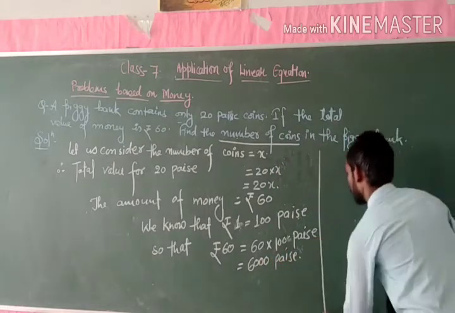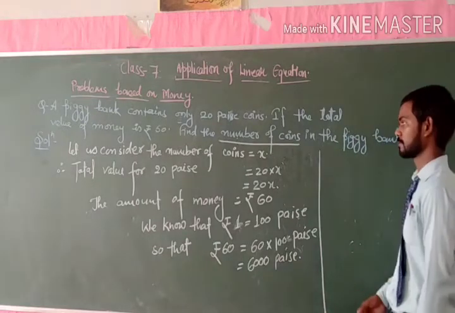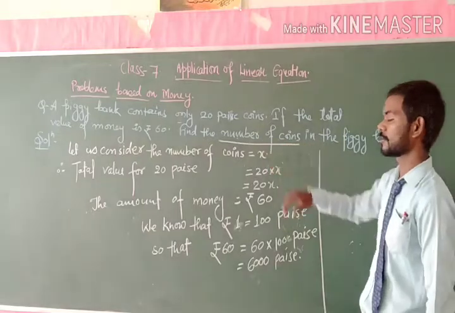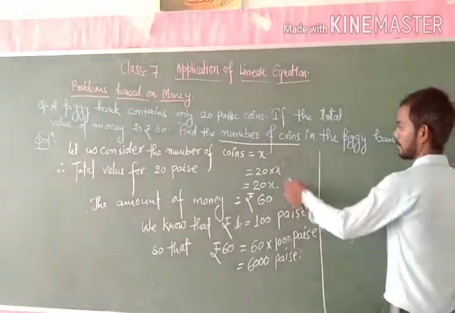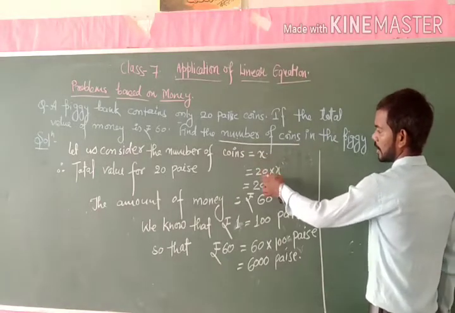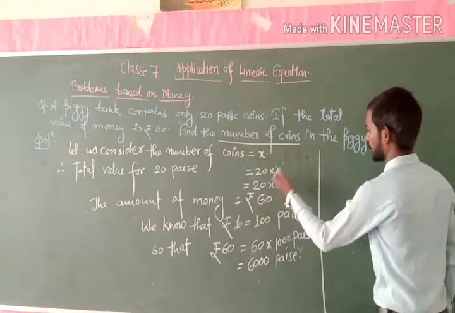Now, according to the question, 20 paise coins make 60 rupees. We have the number of total coins equal to x, so the 20 paise coins value is 20x.